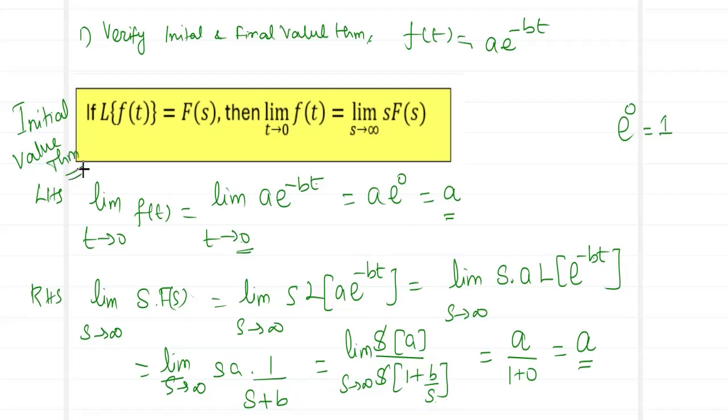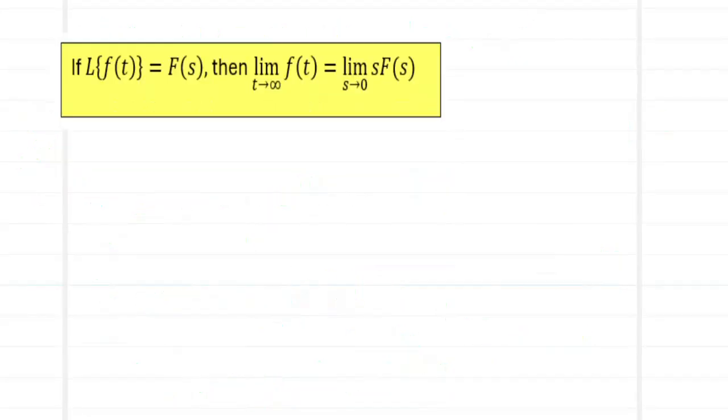Now I have to verify the same for the final value theorem. What does our final value theorem say? If Laplace of f(t) is F(s), then the limit as t tends to infinity of f(t) is the limit as s tends to 0 of s times F(s).